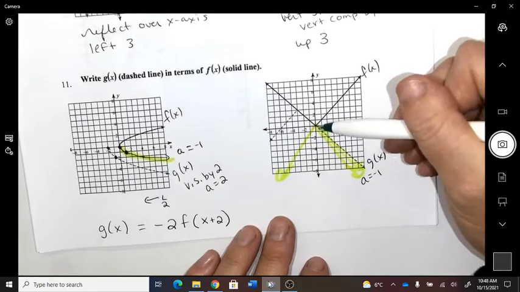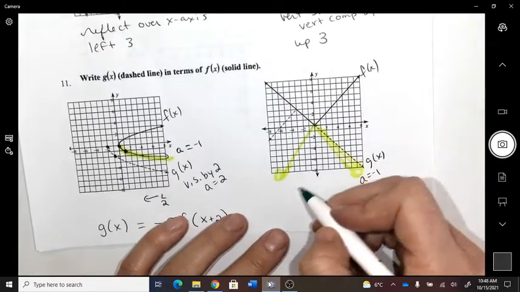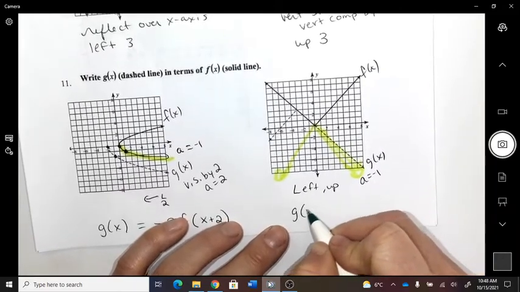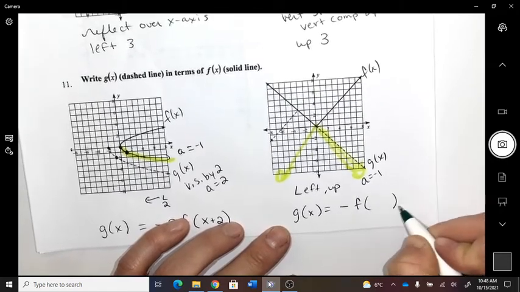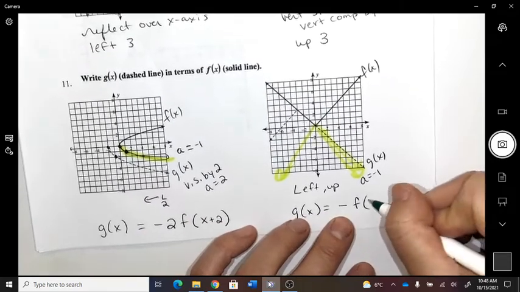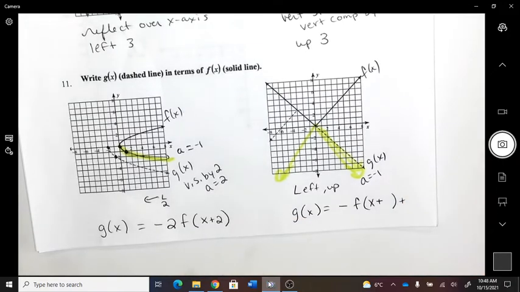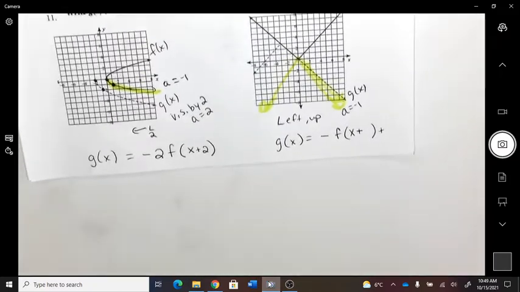And then it's moved left and up. So count how many that is. So move left.